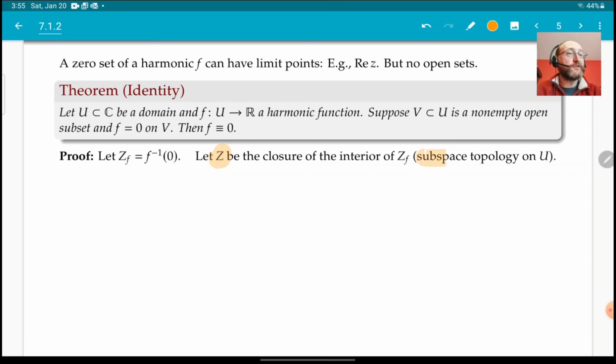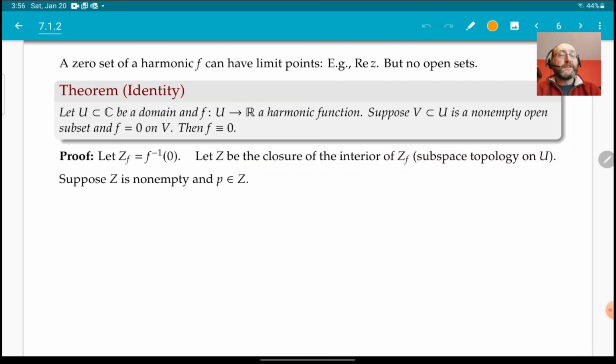And we want to do this in the subspace topology on U, so we want Z to still be a subset of U. So really, you could just take the interior of Z_f, close that and intersect with U. That's the subspace topology. So we have a closed subset of U, in the topology of U. And f is 0 on it, and it is the closure of the interior.